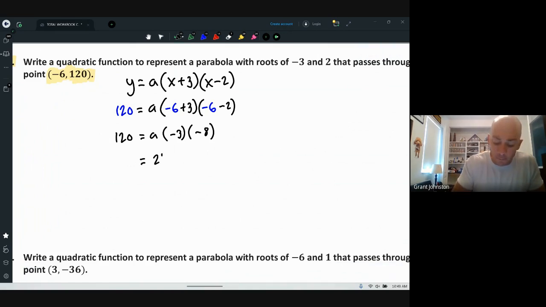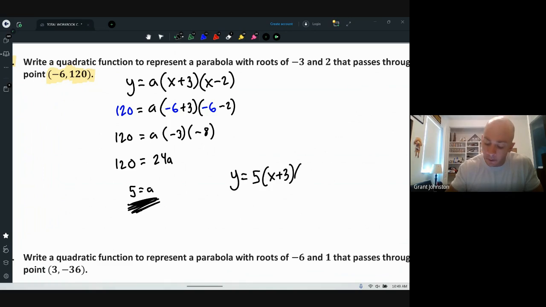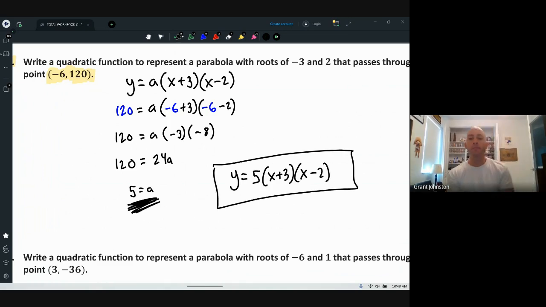So it's going to be 24a equals 120. If you divide by 24 on both sides, a is 5. So my equation would be y equals 5 times (x plus 3)(x minus 2). Okay, so that's it. I'll let you do the rest of them, but that's the idea behind it.